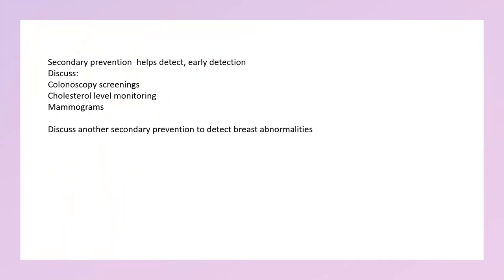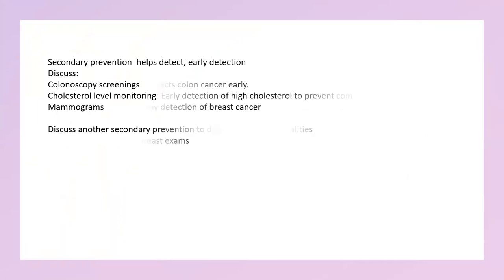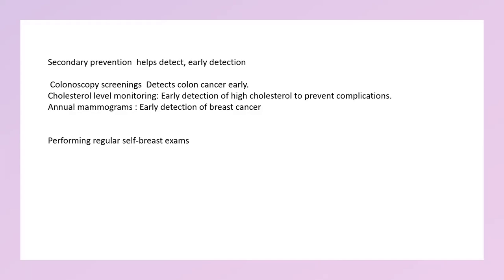Secondary prevention helps detect, identify early detection. So we were going to discuss colonoscopy screenings, cholesterol level monitoring, and mammograms. And we're going to discuss another secondary prevention to detect breast abnormalities. We know we have mammograms, but you can also teach or perform those self-breast exams.